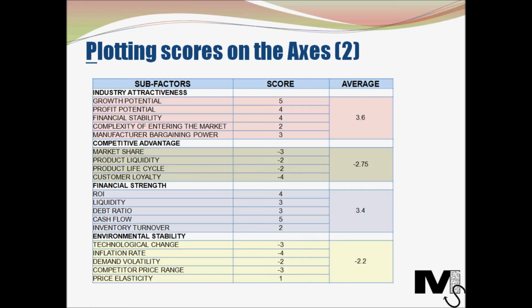Okay, now that we have identified the factors, what we do is we plot the scores for these factors. We need to rate each individual factor, while remembering that a high positive score on a positive axis is favorable, whereas a high negative score on the negative axis is unfavorable.